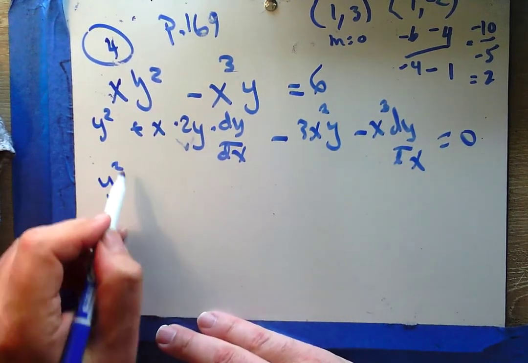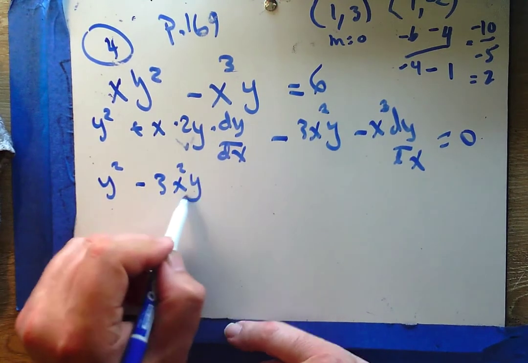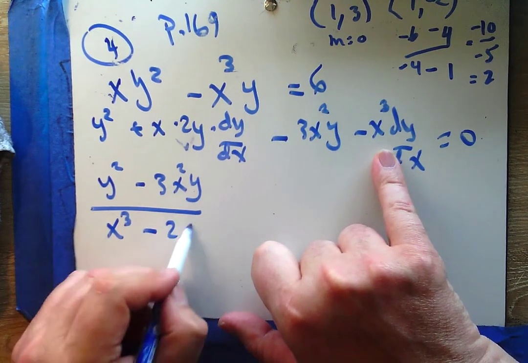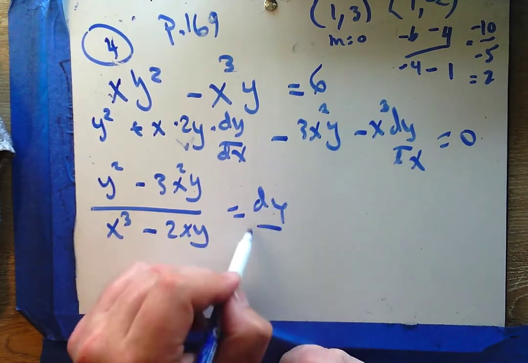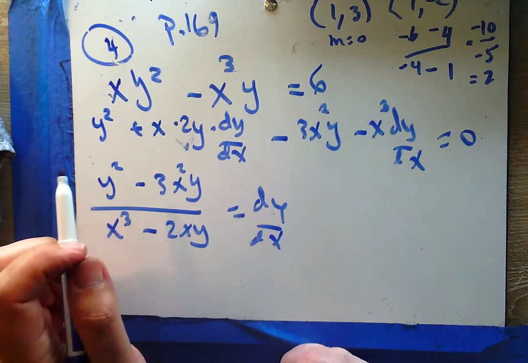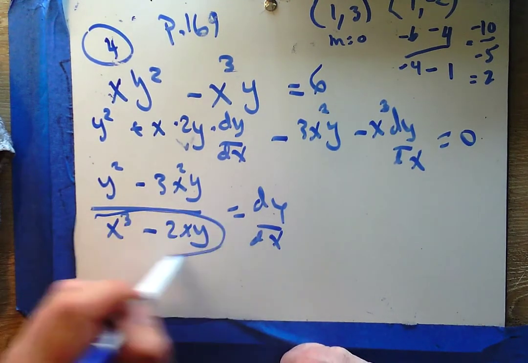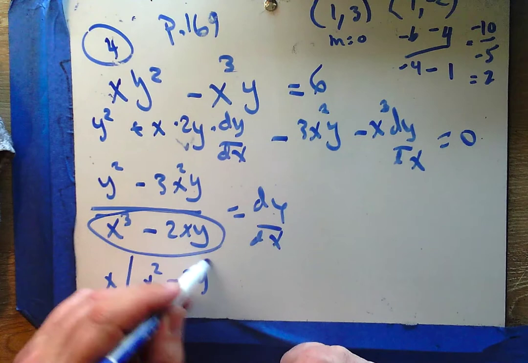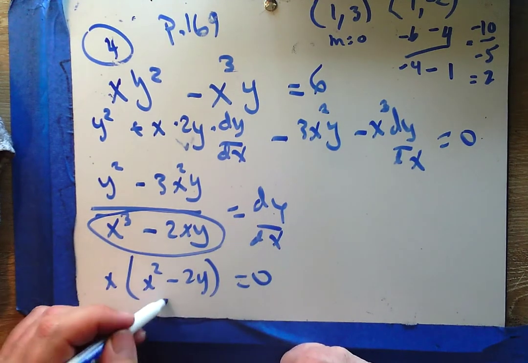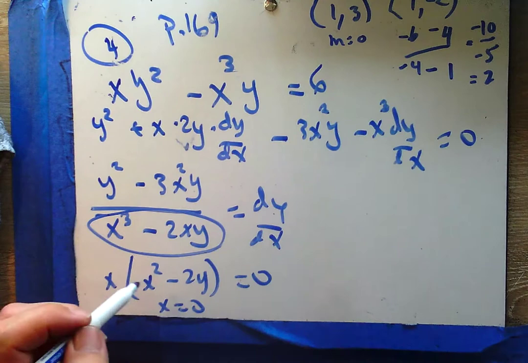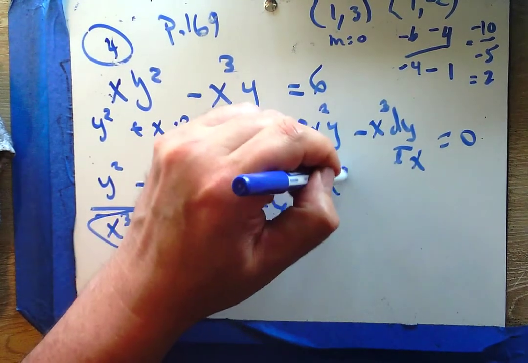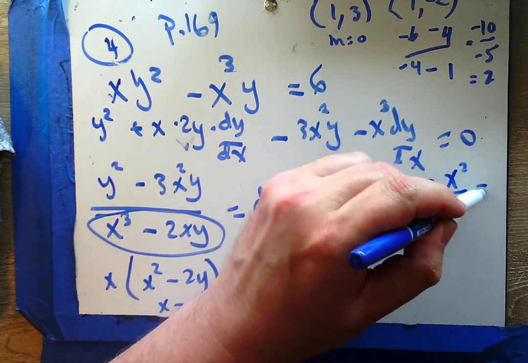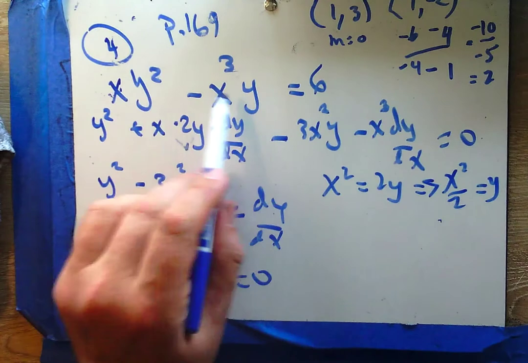So we get dy/dx equals y squared minus 3x squared y divided by x to the third minus 2xy. Then we say the denominator is equal to 0. And I say, okay, so x equals 0. But what about this? I get x squared equals 2y, or y equals x squared over 2.